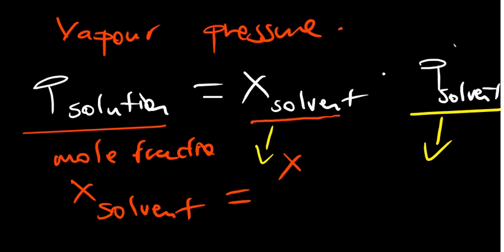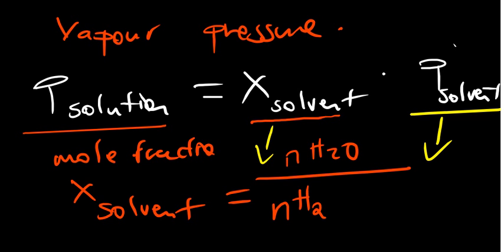So you can say the number of moles of water, which is the solvent under study, is going to be divided by the total number of moles of what? The solvent and the solid. So the number of moles of the solvent water as well as the solid gives you the mole fraction of the solvent.